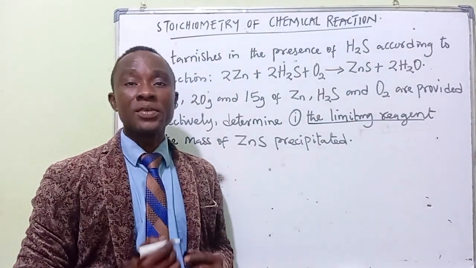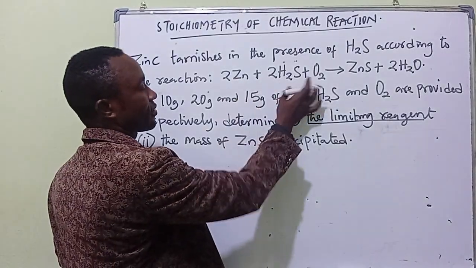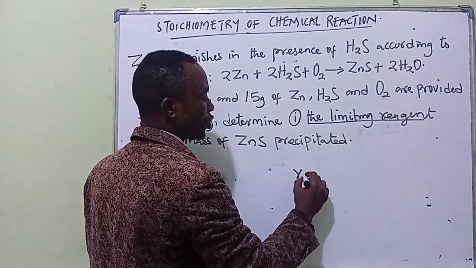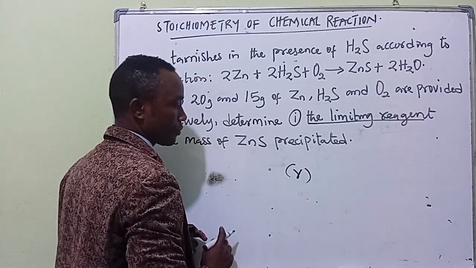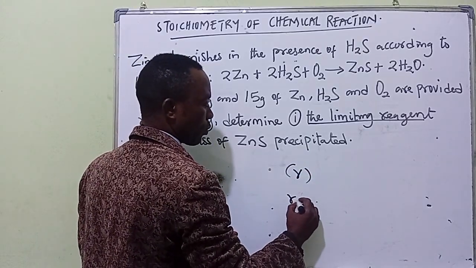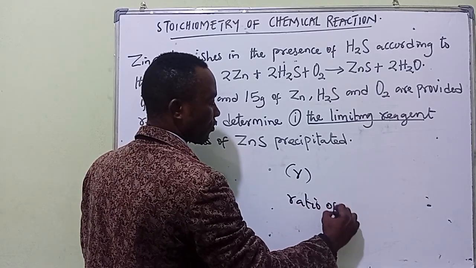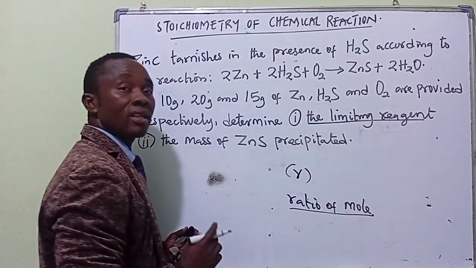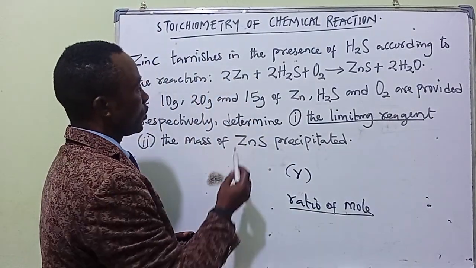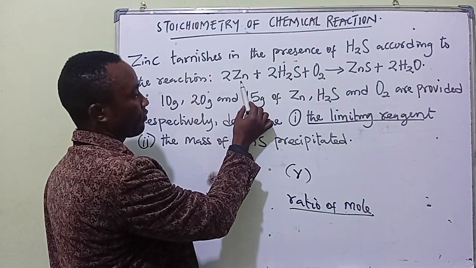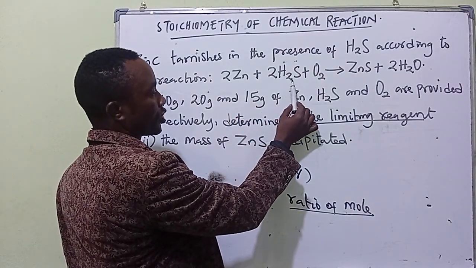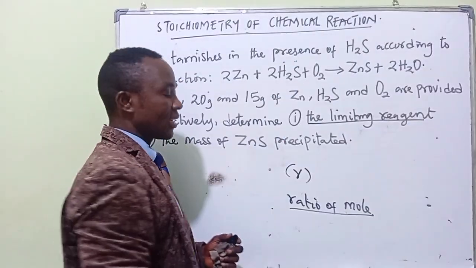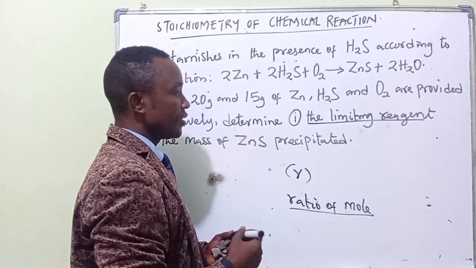Remember, the limiting reagent is the reactant that has the smaller ratio of mole, that is what I call R. Anytime you are asked to find the limiting reagent, you need to find the ratio of mole of zinc, the ratio of mole of hydrogen sulfide, and the ratio of mole of oxygen. Any of them that is smaller will become the limiting reagent.